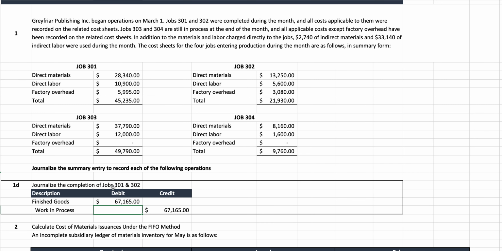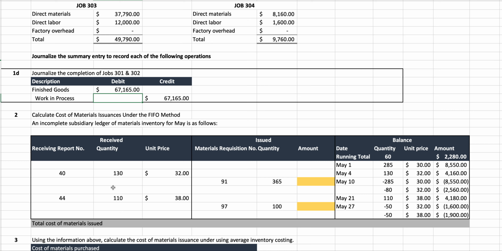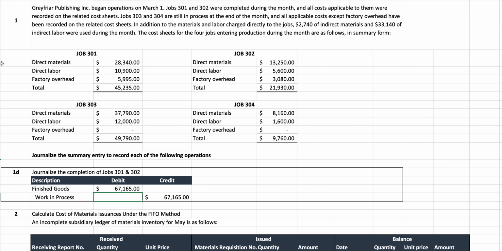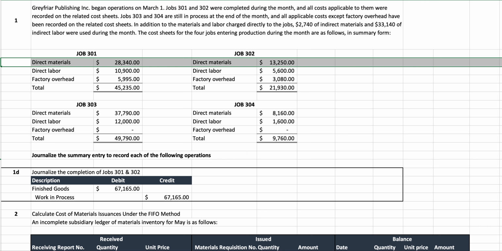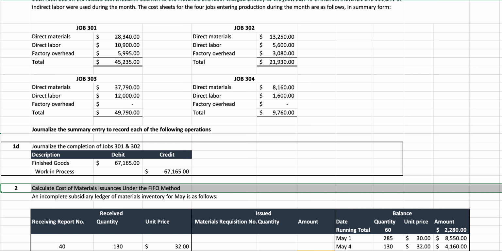All right. We're going to go ahead and move to calculating the cost of materials issued. And this is where we're going to talk a little bit about inventory costing assumptions. Now, up here in our last problem set, we had direct materials. We have to ask ourselves, what are those direct material costs based on? Are they based on first in, first out, which is what we're going to start with first?